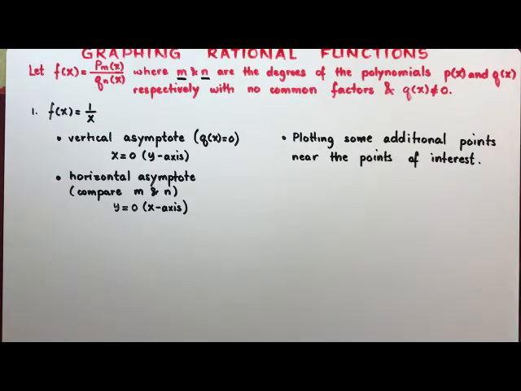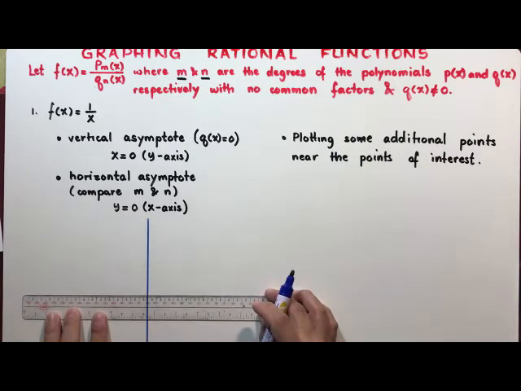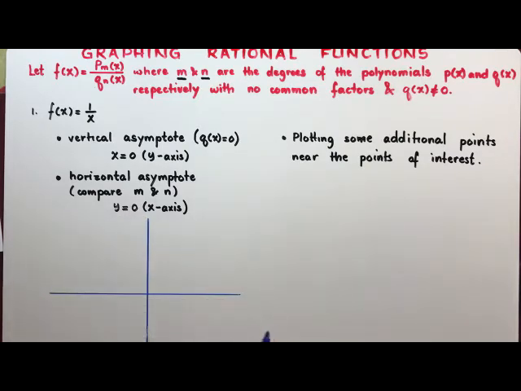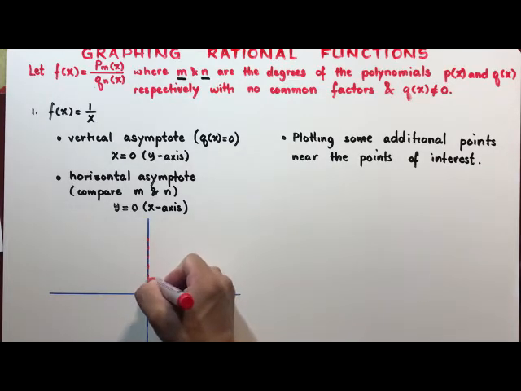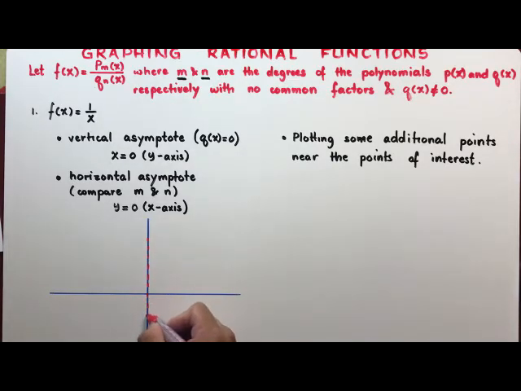Now, take note that we can first sketch the vertical asymptote and the horizontal asymptote in our rectangular plane. Our vertical asymptote is the y-axis here.